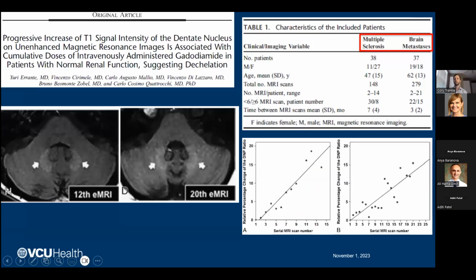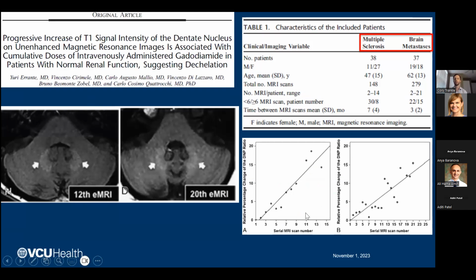So this is where some of that data came from, which is you looked at individuals who had multiple sclerosis or brain metastasis who were getting repeated MRIs to stage their disease, and in this case, the 12th enhanced MRI and the 20th enhanced MRI.